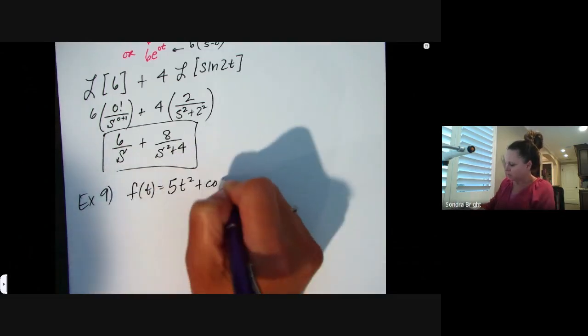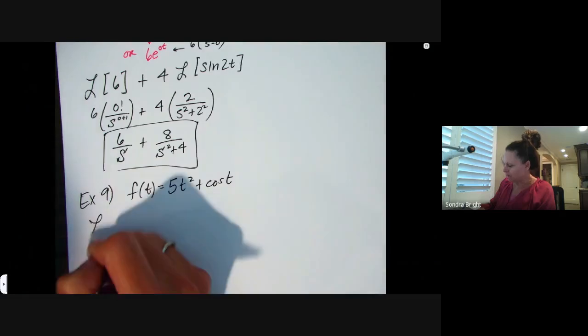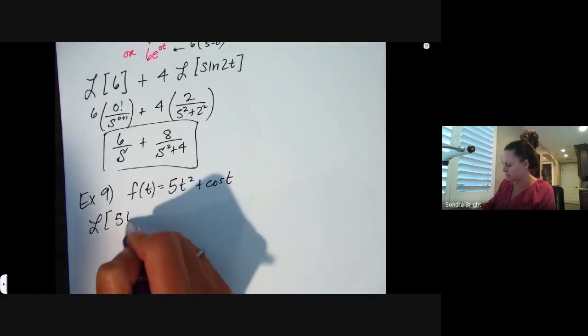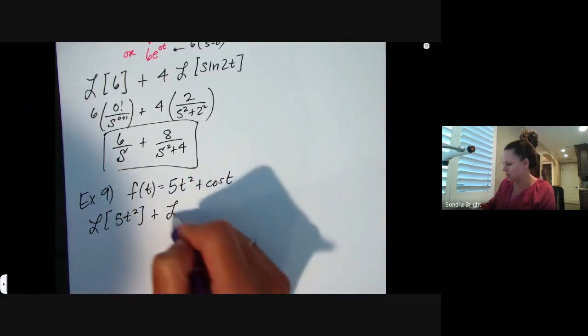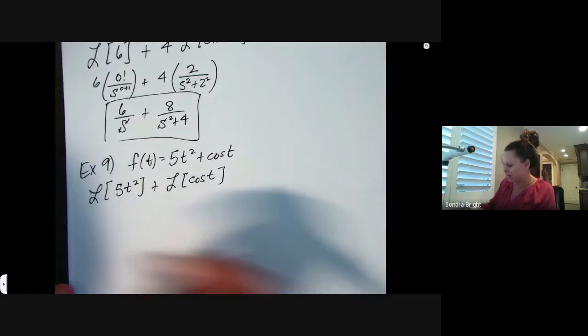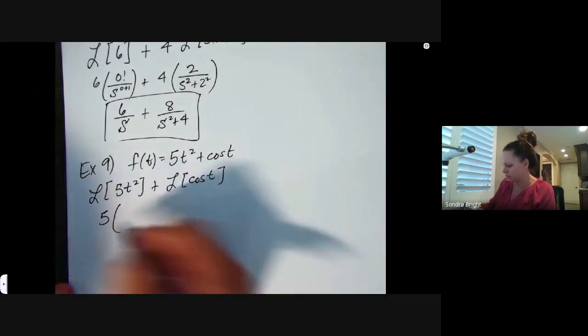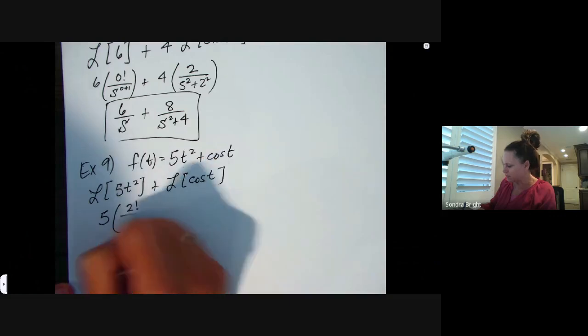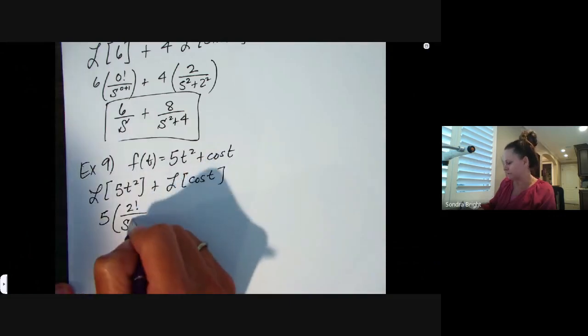The Laplace transform of 5t squared plus the Laplace transform of cosine of t is 5 times 2 factorial over s to the 2 plus 1.